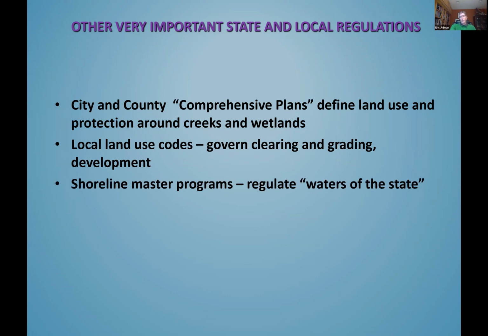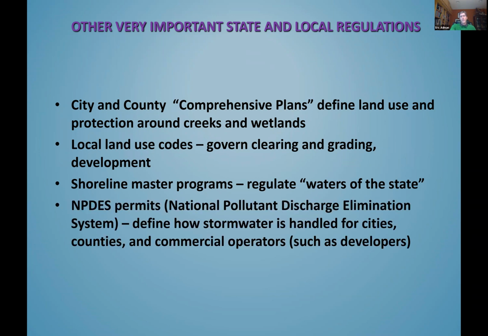For larger bodies of water that are considered waters of the state, there's a body of law called the Shoreline Master Programs that regulates those. A biggie, and this is probably unfamiliar to a lot of you, is the NPDES system, the National Pollutant Discharge Elimination System. Every large commercial operator, but also cities and counties, have to define how they're going to manage stormwater.